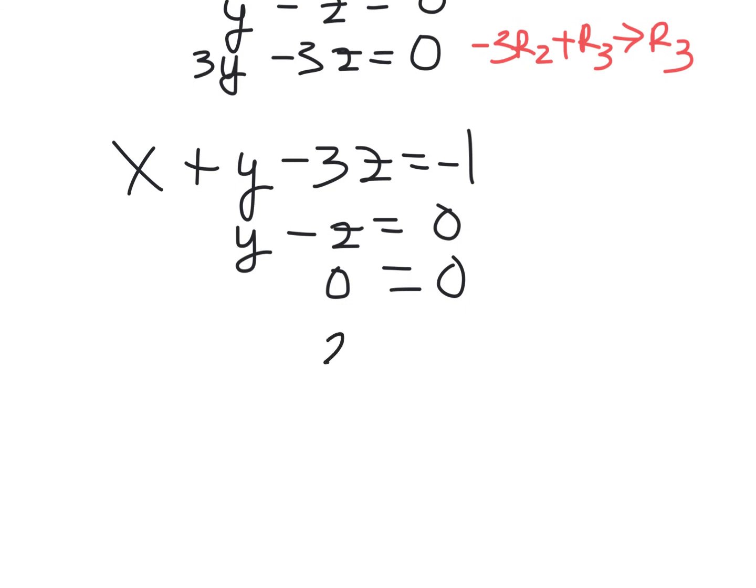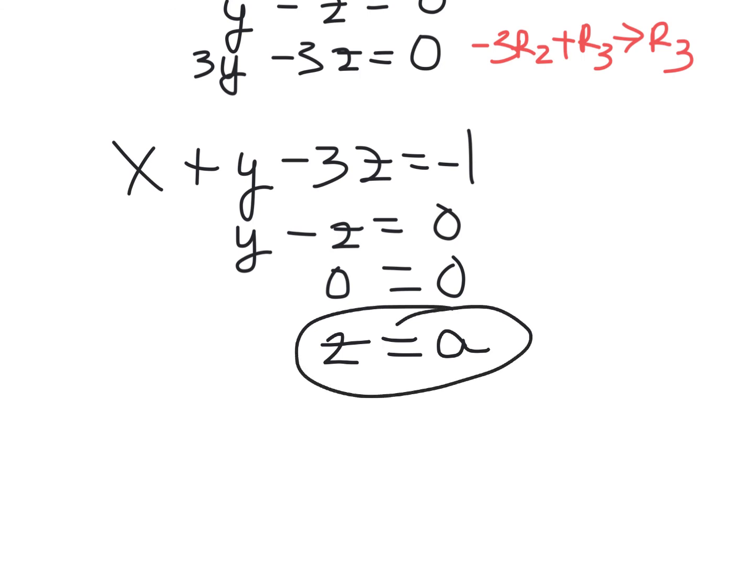The way we're going to do that is set z equal to some other variable. The variable that they use in the book is a. Let's just see what happens. Now we think of z equals a, very similar to the problems we had before where z equaled 3 or 5, and we back substitute and then solve for the others in terms of a.